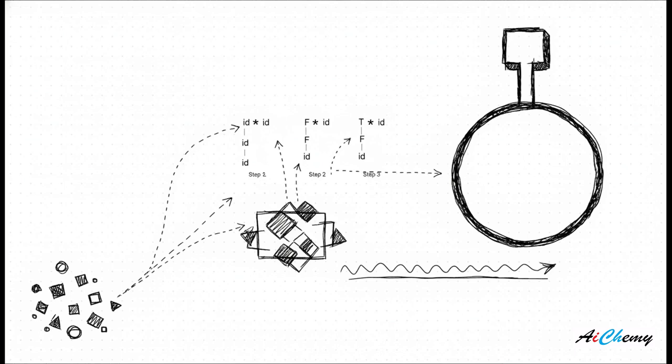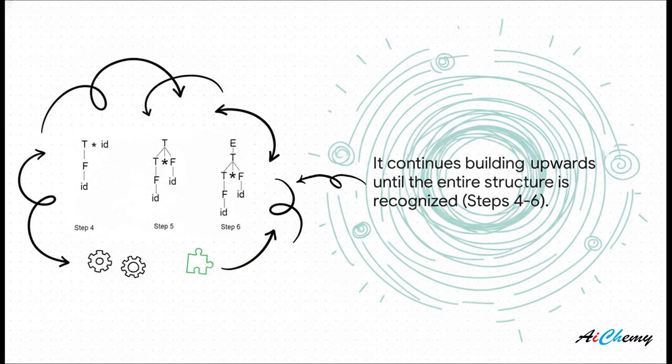It recognizes that an ID can be considered a factor, and that factor can be a term, all based on the language's grammar rules. And the process just keeps going, building upwards. See, in step 5, the parser connects the 2 identifiers with a multiplication sign, forming a bigger term. Then finally, in step 6, the whole thing, the entire structure, is recognized as a valid expression, or E.